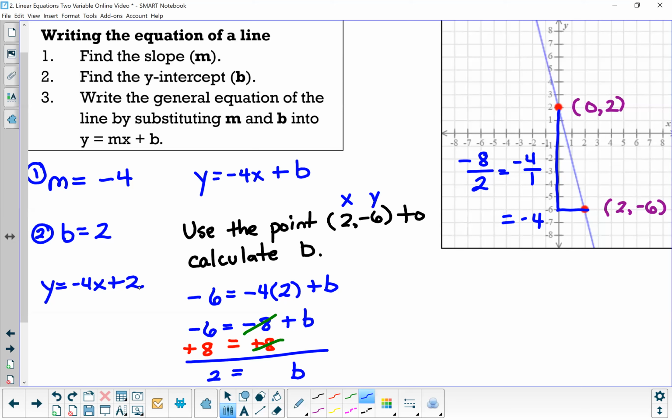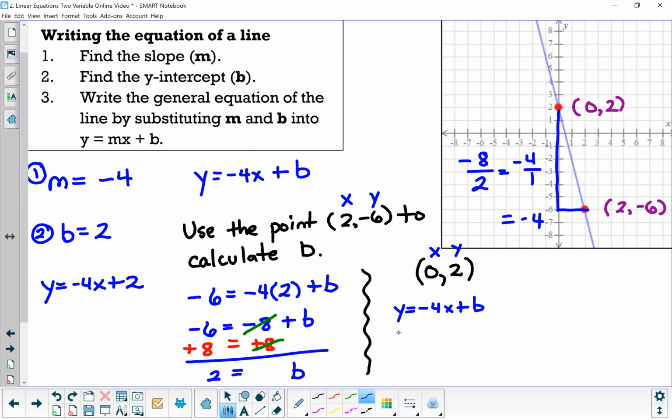All right. You might be wondering, well, why did we have to use the point (2, -6)? Why couldn't we use the point (0, 2)? Well, you can. Okay, what if instead of using the first point, I'm going to use the point (0, 2). So (0, 2), I'm going to plug in for x and y again. Right, so remember we had y equals -4x plus b.